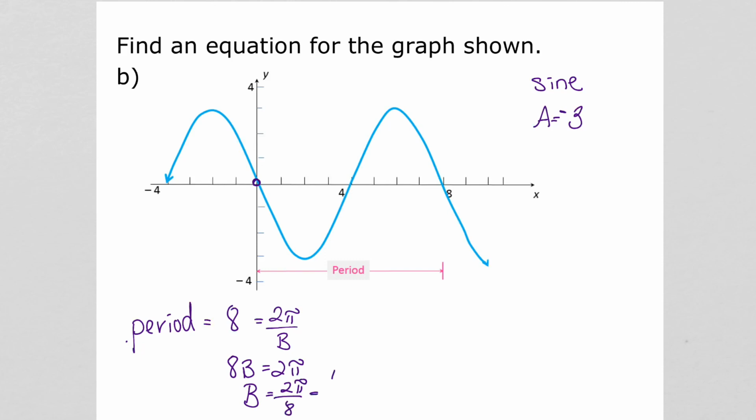So b is pi over 4. So in the form y equals a sine of bx, we can write y equals negative 3 sine of pi over 4 x. And that concludes this section.